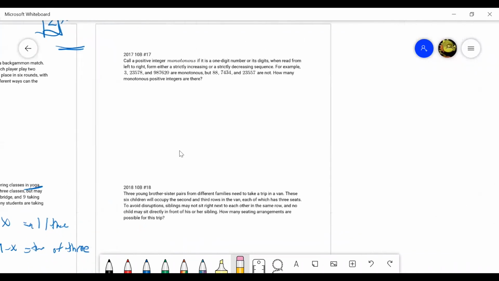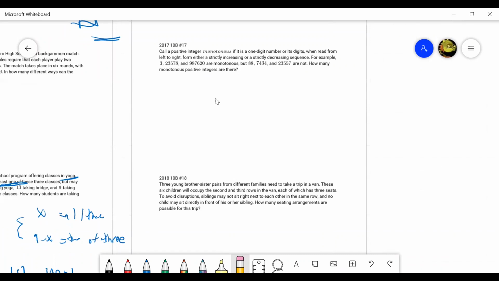Okay, well, next would be this problem. A positive integer is monotonous if it's a one-digit number or its digits, read from left to right, form either a strictly increasing or strictly decreasing sequence. For example, 3. Well, these are just numbers. How many monotonous positive integers are there?